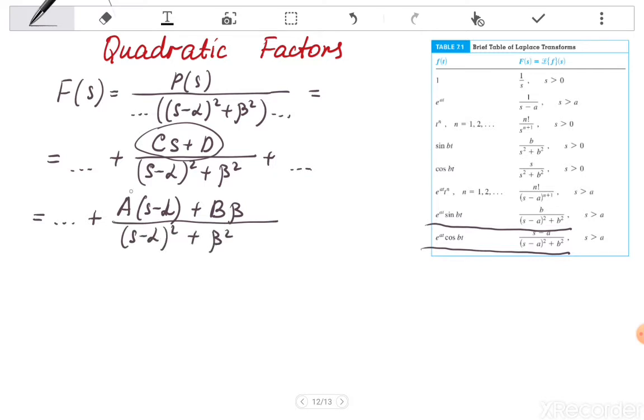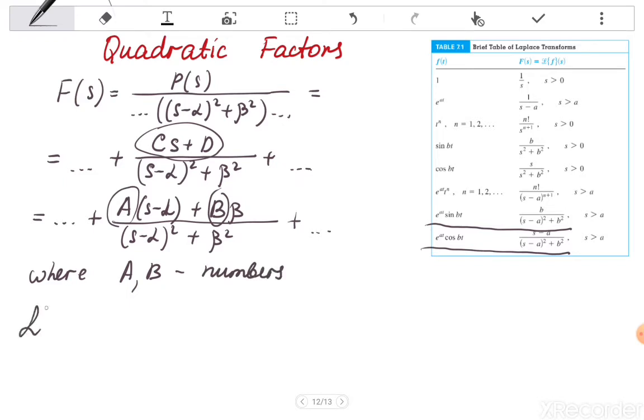So we immediately see, if we find this in this form, that a is the coefficient of the cosine in the formula, and b is the coefficient of the sine in the formula. So after we do this, a and b are numbers that we need to find.